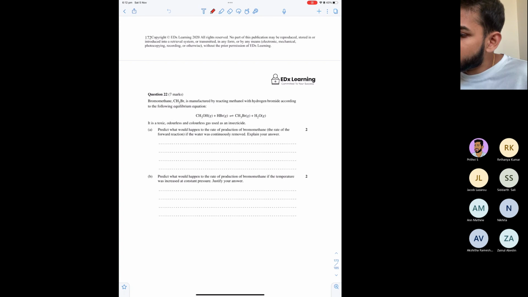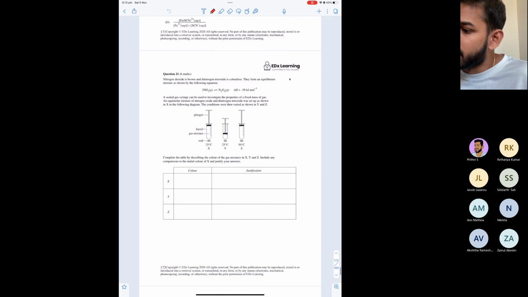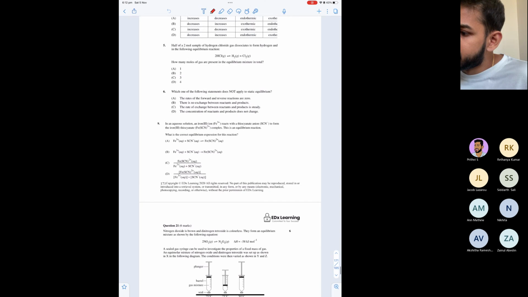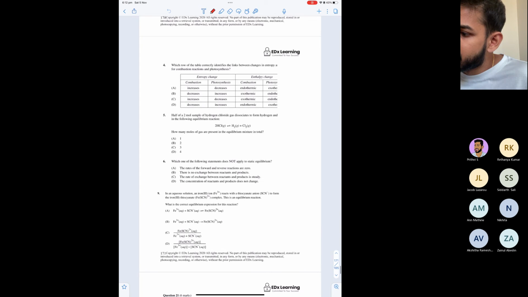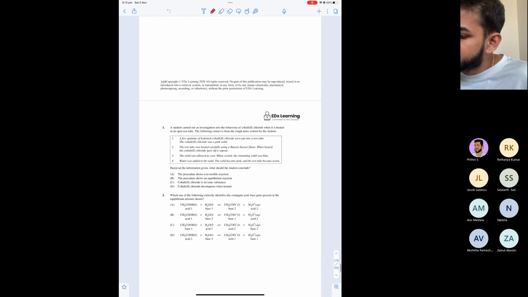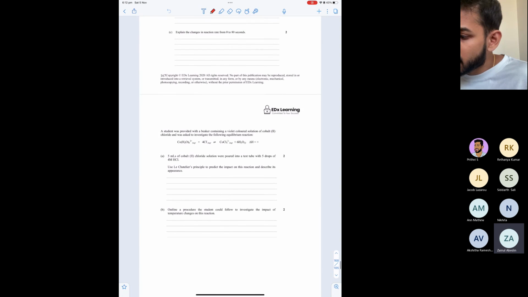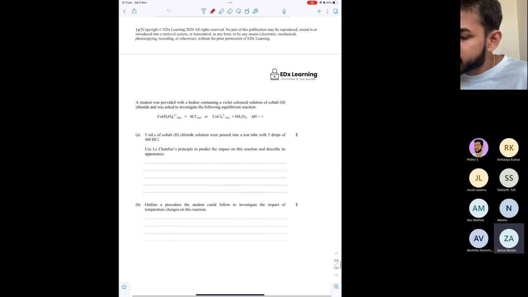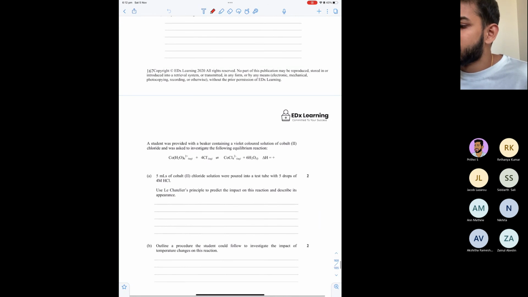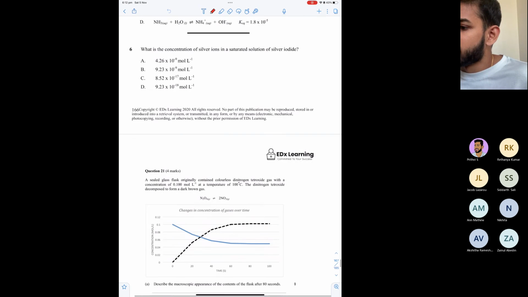There are definitely a lot of calculation questions. We just got to find it. Did we ever get a question where they would give us the equilibrium constant, and we would have to find the concentration of the substances? Definitely. So I'm trying to find you a variety of different questions to do.